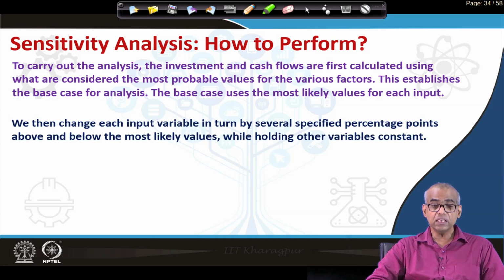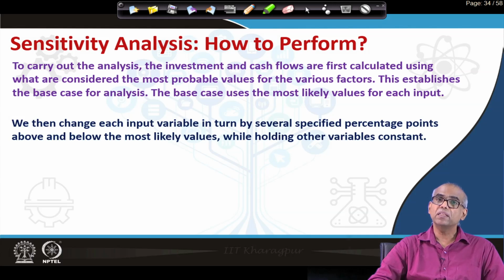We then change each input variable in turn by several specified percentage points above and below the most likely values, while holding other variables constant. So, we have obtained the base case. Now, there are several factors. Let us say there are 5 factors.